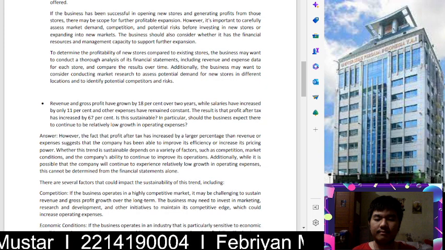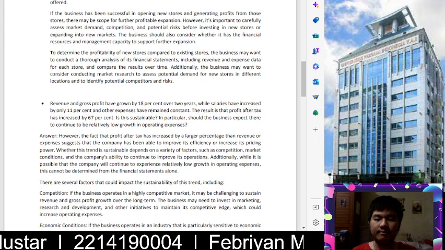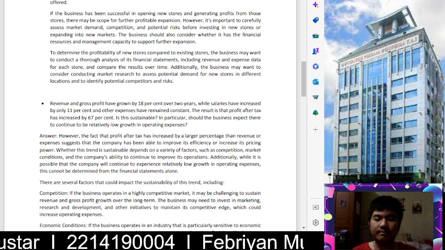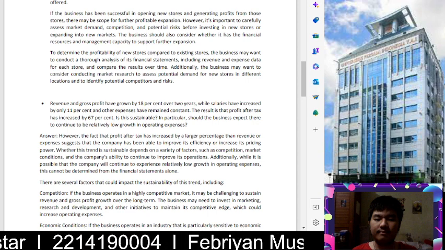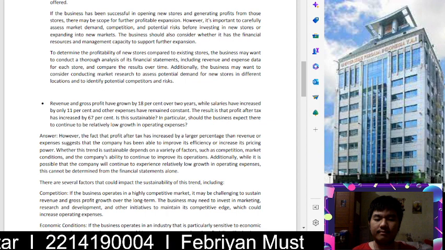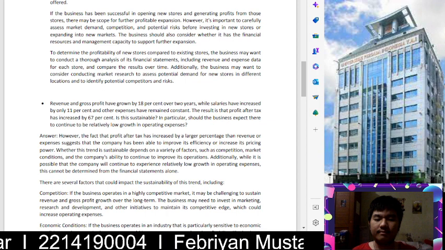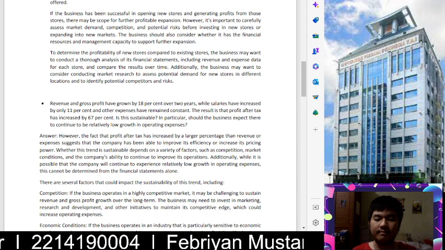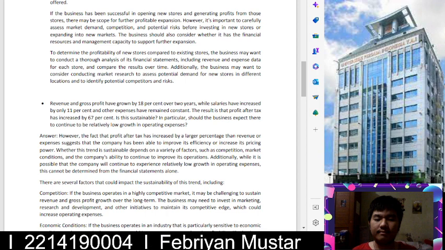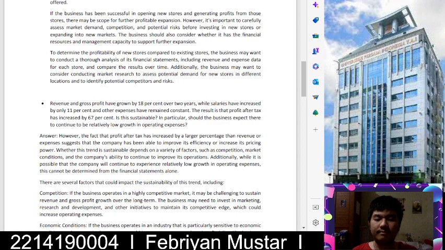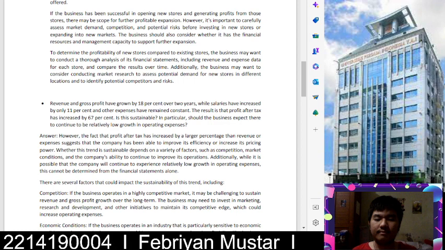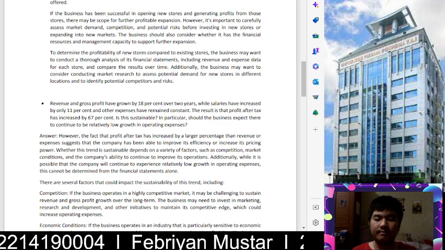The fourth question: revenue and gross profit have grown by 18% over 2 years, while salaries have increased by only 12% and the other expenses have remained constant.